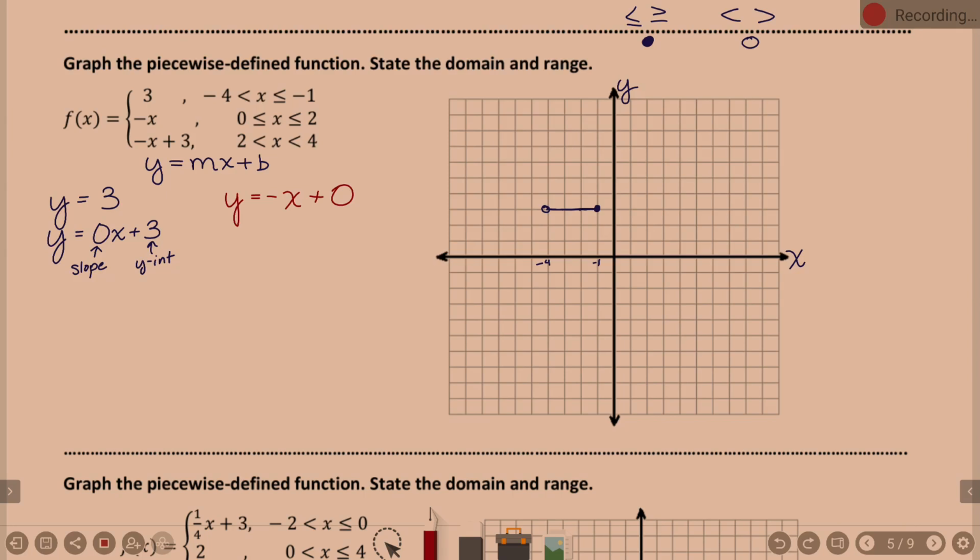So what do we know here? We have a y-intercept of 0 and a slope of -1. There's an invisible 1 there, isn't there?